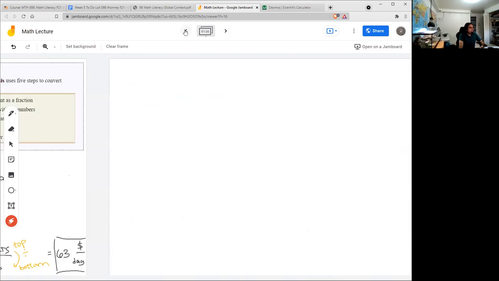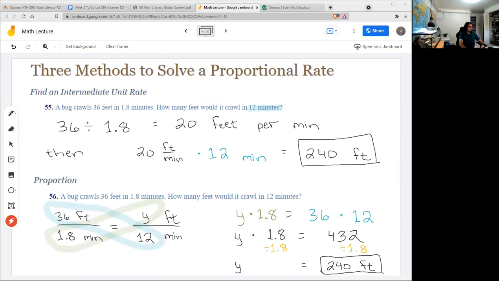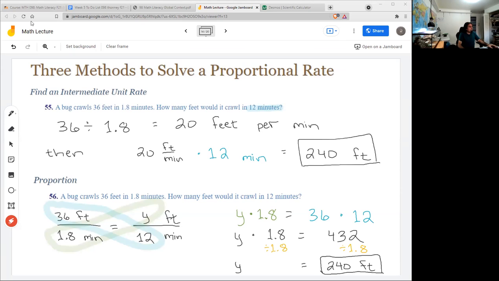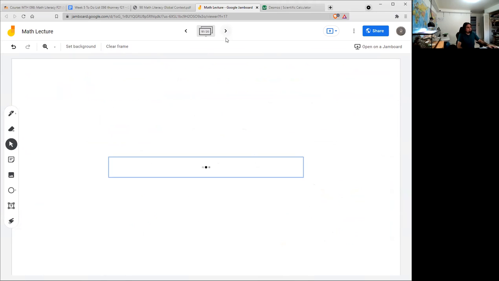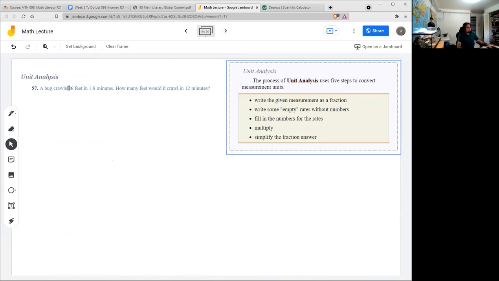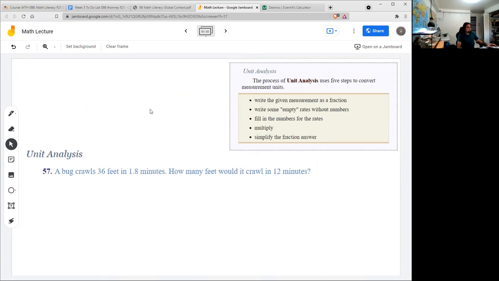Let's go back and do our snail one. I purposefully gave you a very complicated problem on this slide so that you would see that sometimes unit analysis just is the best choice.